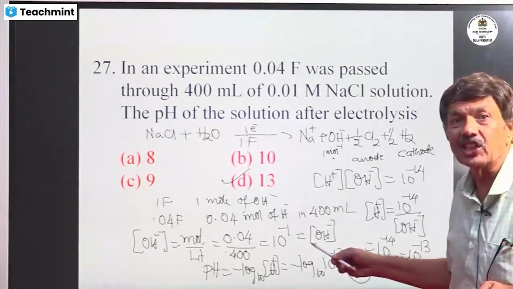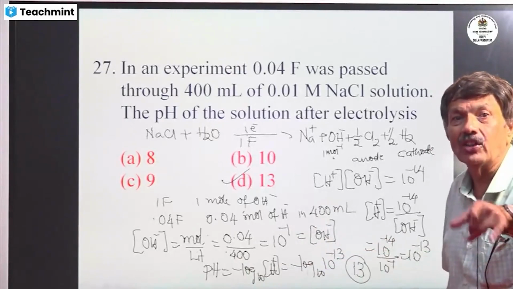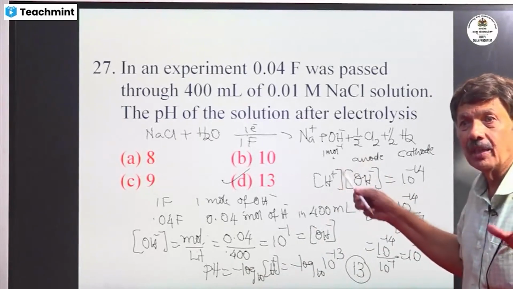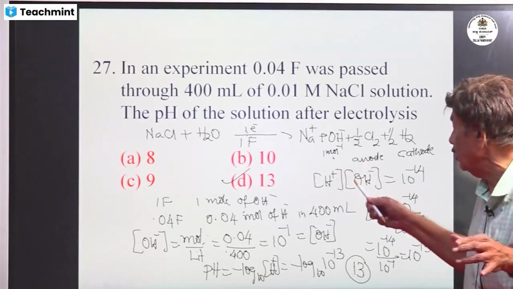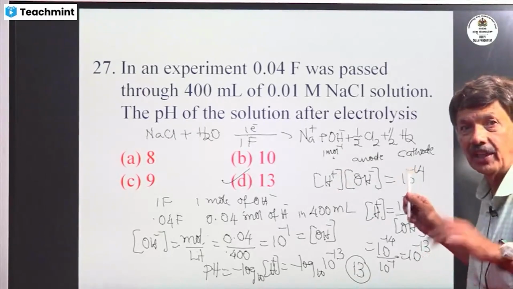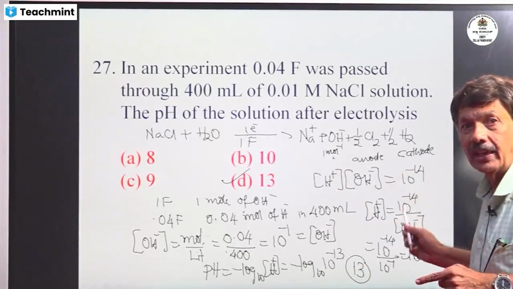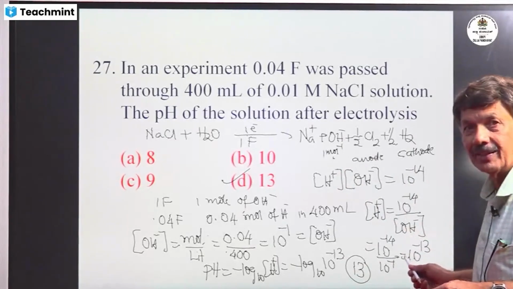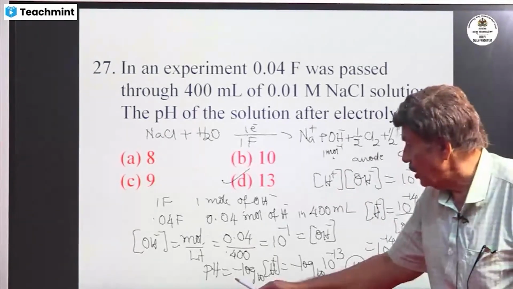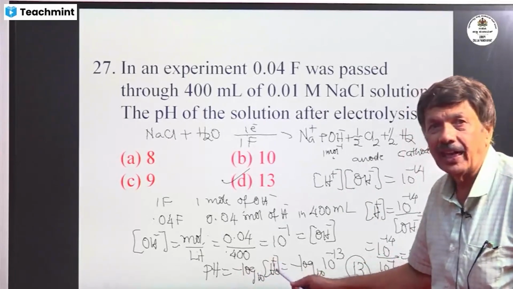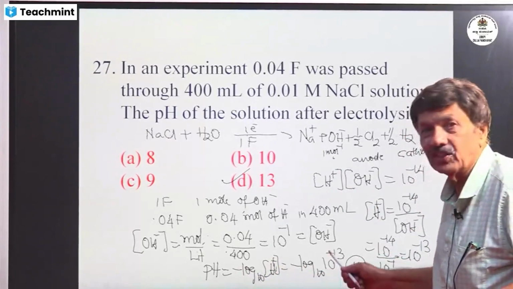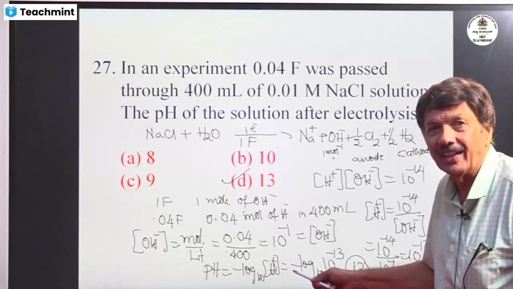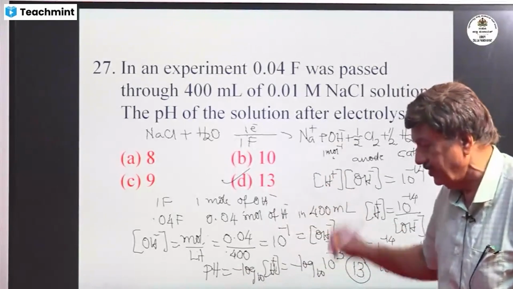That is the concentration of hydroxide ion. I want hydrogen ion, using the ionic product of water. In any aqueous solution, the product of hydrogen ion and hydroxide ion is 10 to the power minus 14. So hydrogen ion is 10 to the power minus 14 divided by hydroxide, that becomes 10 to the power minus 13. Last step, pH is equal to minus log of hydrogen ion, minus log 10 to the power minus 13. Log 10 to the power minus 13 is minus 13. Since the minus sign is already there, the answer will be 13. Option D is the right answer.